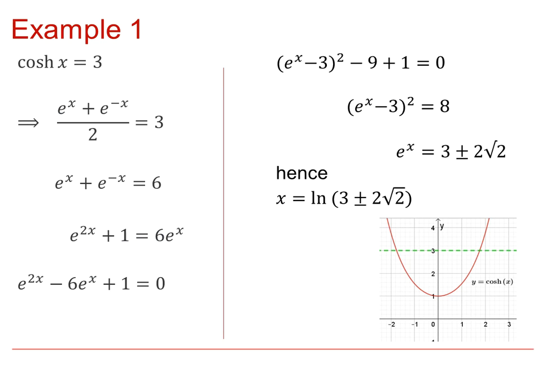As we can see on the graph, we are expecting two solutions, and we'll note that these are the negative of each other. So in other words, what we're saying is that ln of 3 plus 2 root 2 equals minus the natural log of 3 minus 2 root 2.